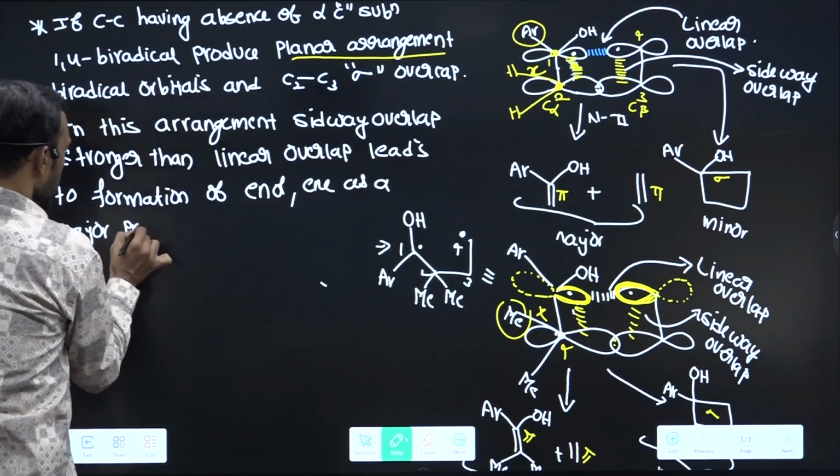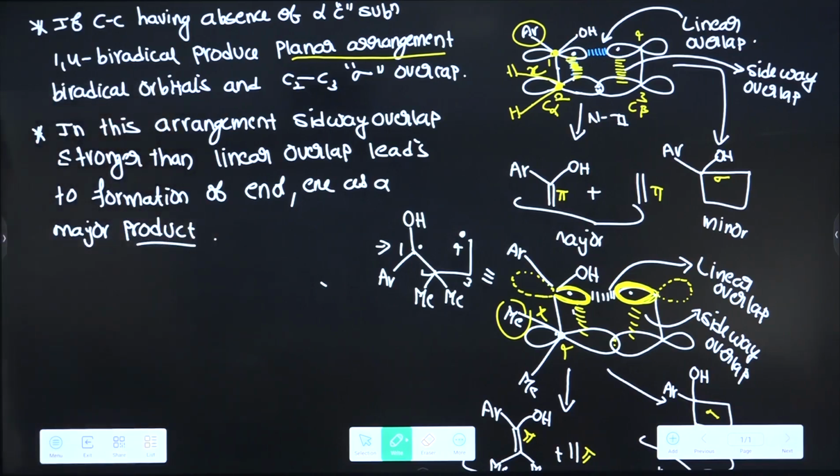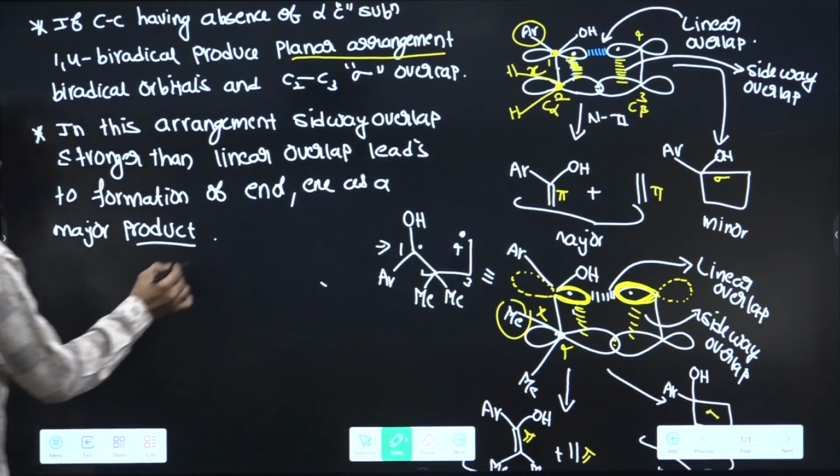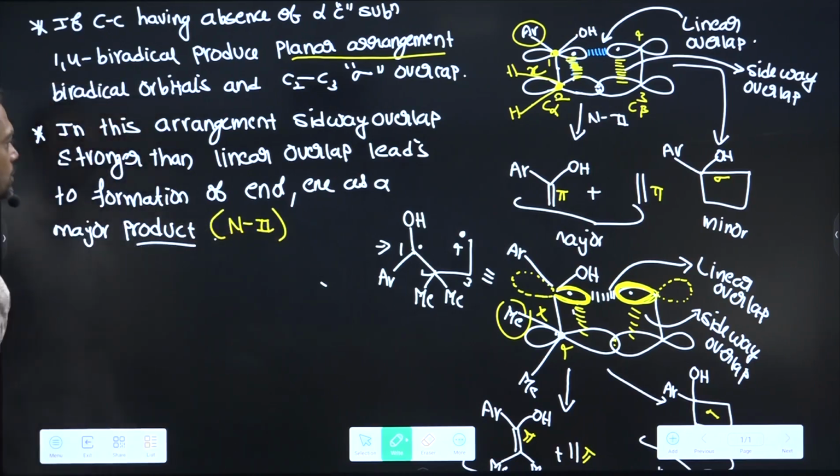So here this is a major product in this case. Ene and enol is major, meaning Norrish type 2 is major. Norrish type 2 cleavage is major. Cyclization is minor. Norrish 2 major.